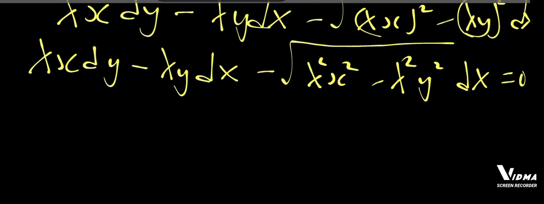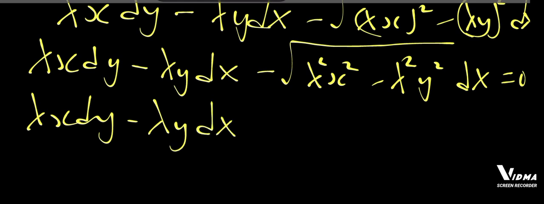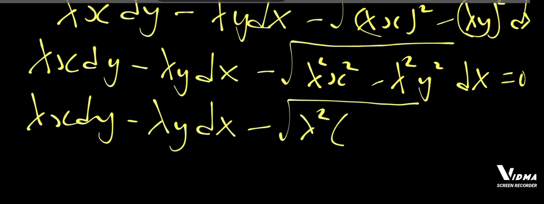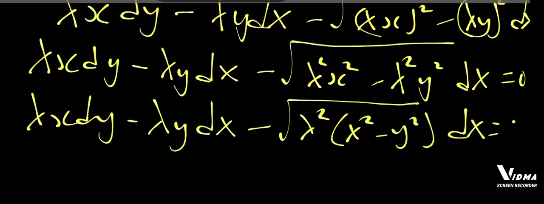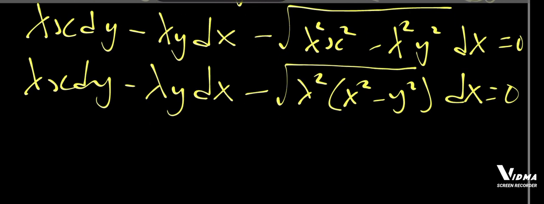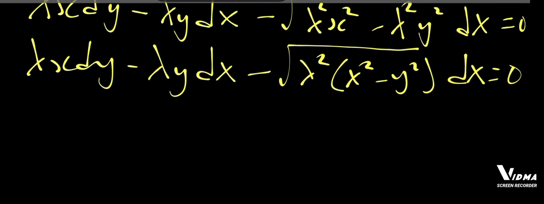Then in our bracket we can decide to factorize lambda square. So we are going to have lambda square multiplying x square minus y square dx equal to 0.